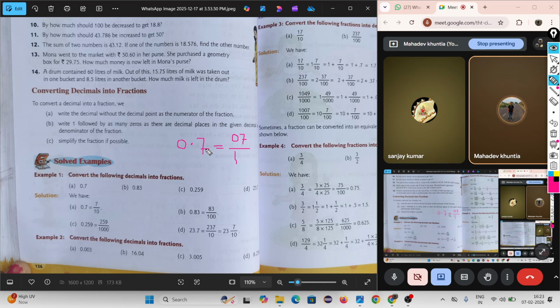Here there is 1 digit, so we add 1 zero.